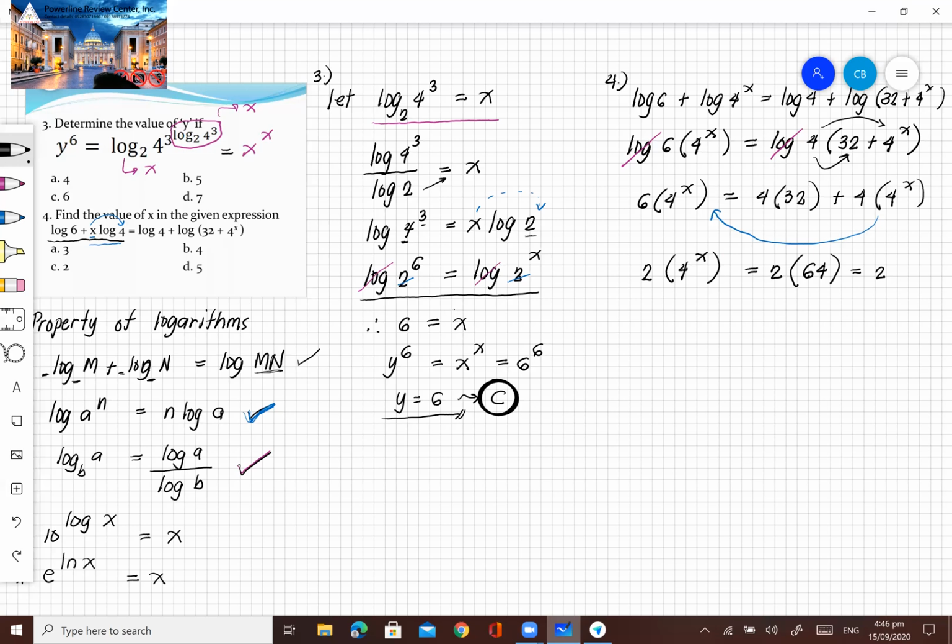Alam natin kapatid, na ang 64 is exactly divisible by 4. Tama? So, 64 is also 4 times 4 times 4. Tama ba? Which is also equal kanina 4 raised to 3.